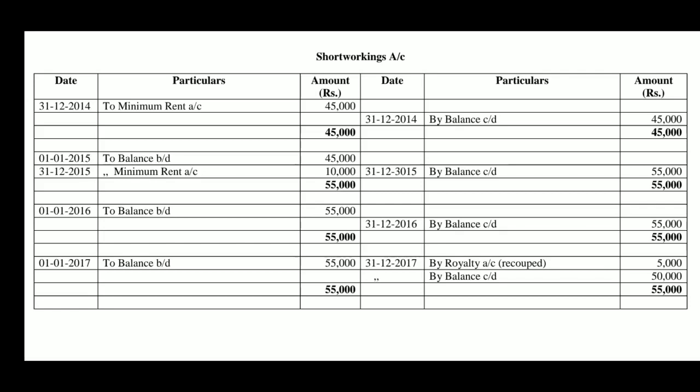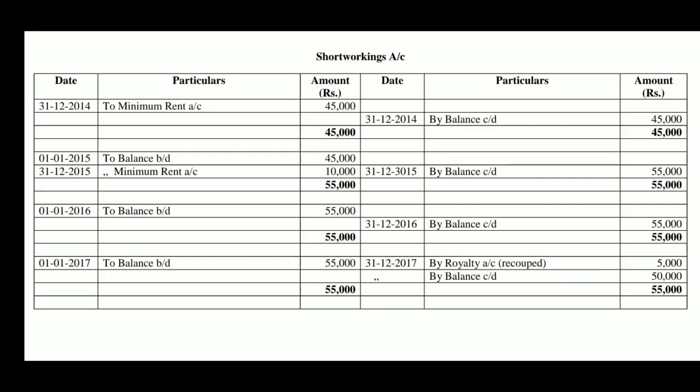Short workings are carried forward till the end of the 5th year, because the right of recoupment is up to 5 years. So, by balance carried forward 45,000. In the year 2015, on 1/1/2015, to balance brought down 45,000. Then in the second year, again when short workings arise, short workings account debtor to minimum rent account 10,000.